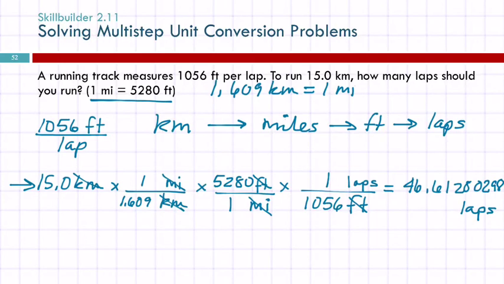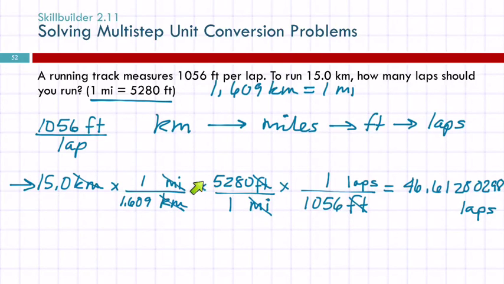What about significant figures? Three. So 15.0 kilometers is our starting number, and that has 3 significant figures. The 1.609 kilometers to miles, that's not exact, but that has 4 sig figs.